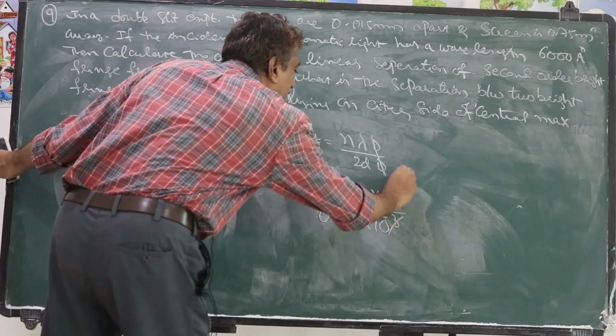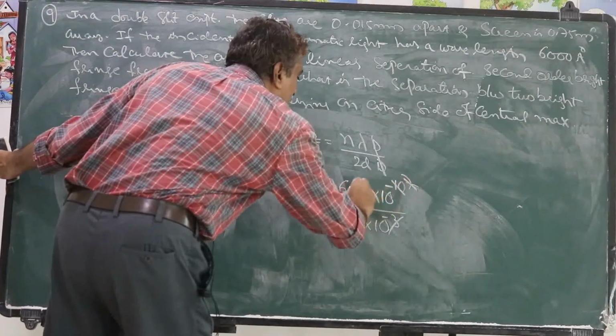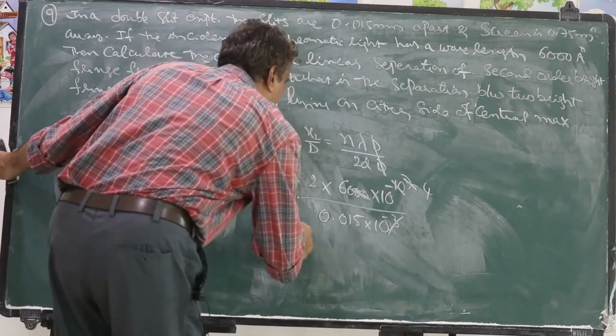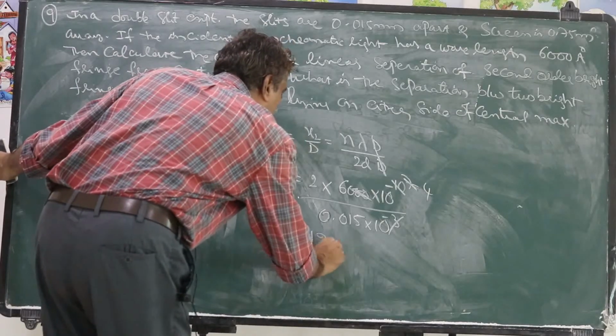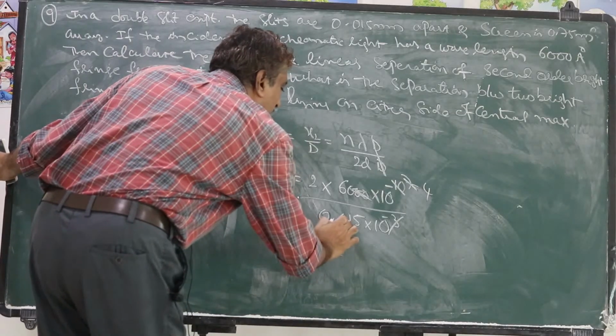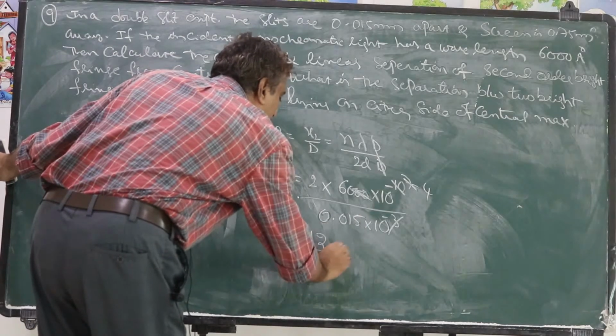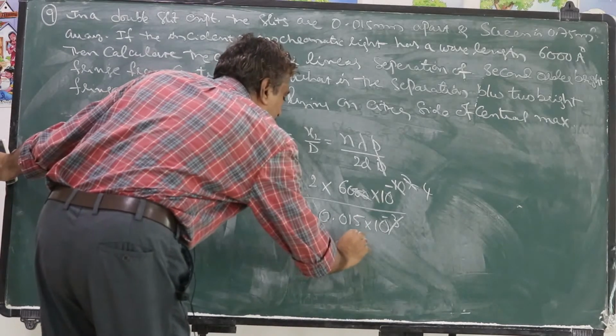So minus 3 will get cancelled, minus 7 minus 4. That is 12 divided by 15 into 10 power minus 1.